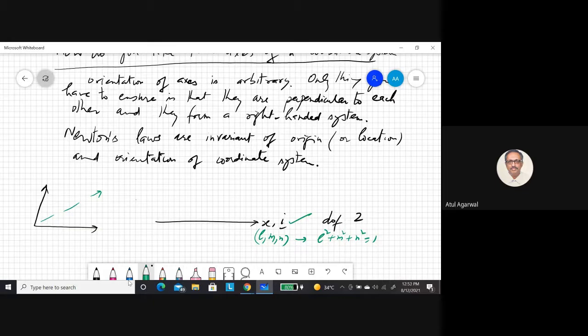Now I say you have to choose the second axis. Now what is the restriction? You are choosing another line in space. How many degrees of freedom does this line have? This line can be any line in the plane normal to the x-axis.